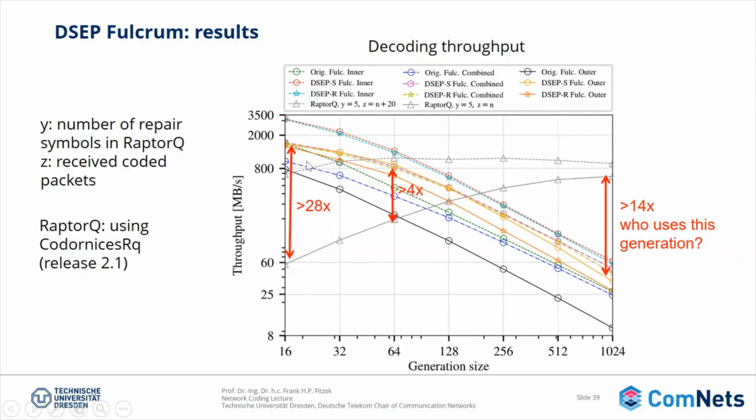However, in this case, RaptorQ has to send a total of 36 coded packets for a generation of 16. It's too much, right? For the large generation, RaptorQ achieves much higher than DSEP, but it depends on which generation size the application employs. So maybe you can find the answer.